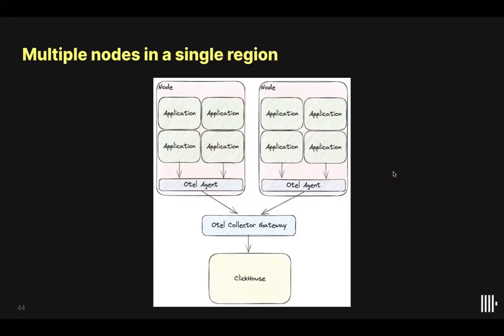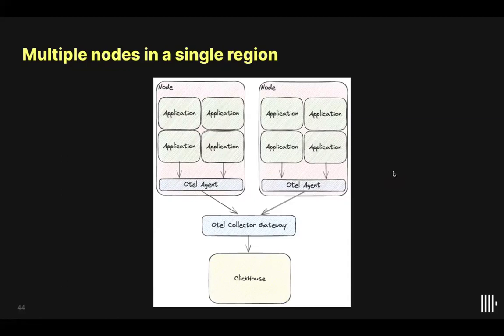So we have multiple nodes in a single region, running multiple applications on each node, and we want to collect all the logs from them and store them in ClickHouse so we can have a regional view, right? So we can see trends, insights into how our services perform.